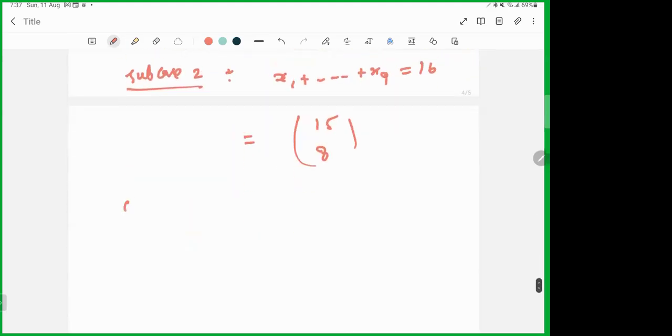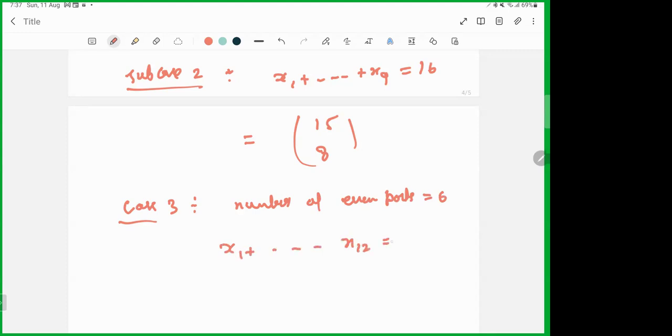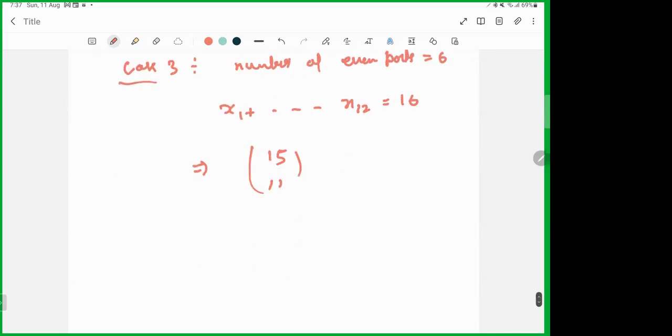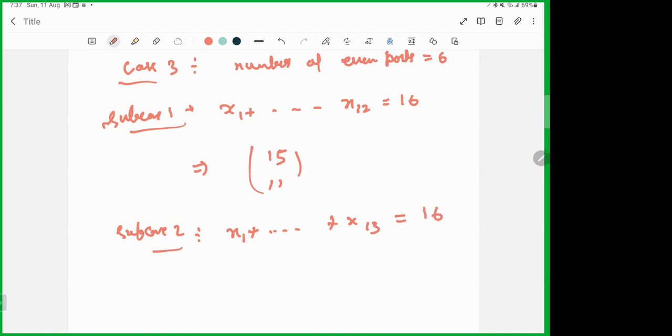Then case 3, which says that the number of even parts is 6. Then you also have two subcases: x1 plus ... plus x12 equals 16, so this is 15 choose 11, and subcase 2, which says x1 plus x2 plus ... plus x13 equals 16, so that is 15 choose 12.